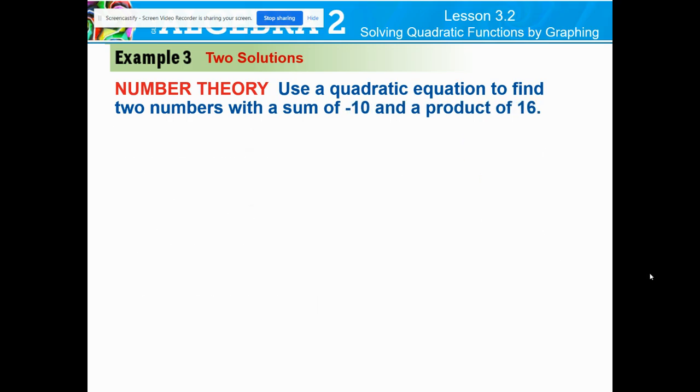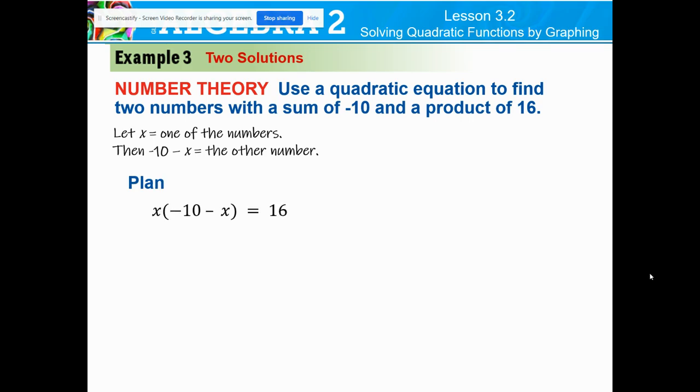Let's do another one. They add to negative 10 this time, but they multiply to be 16. So let x be one of them. And the other one must be negative 10 minus x, because their sum is negative 10. Let's use the same plan and multiply those together to get 16.